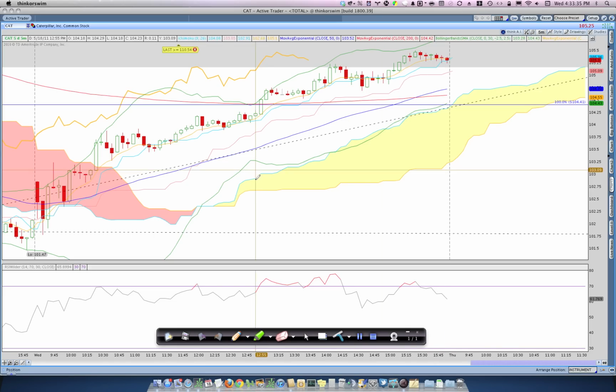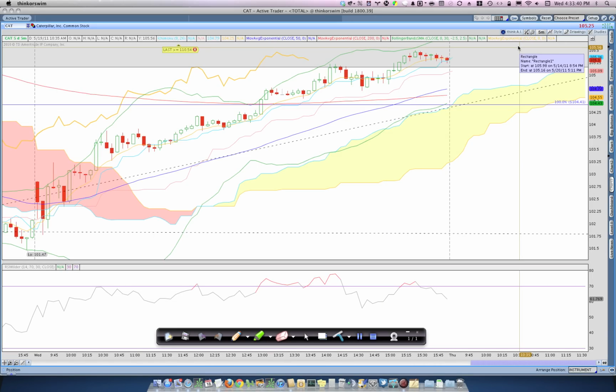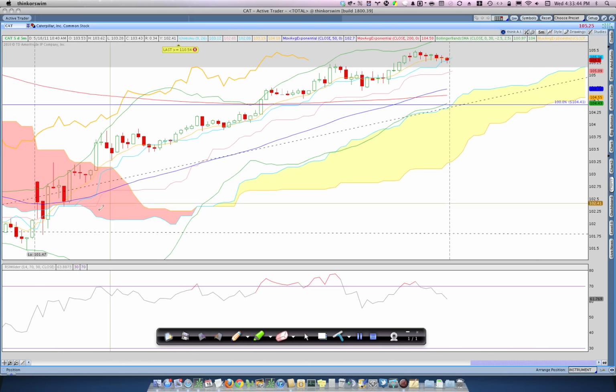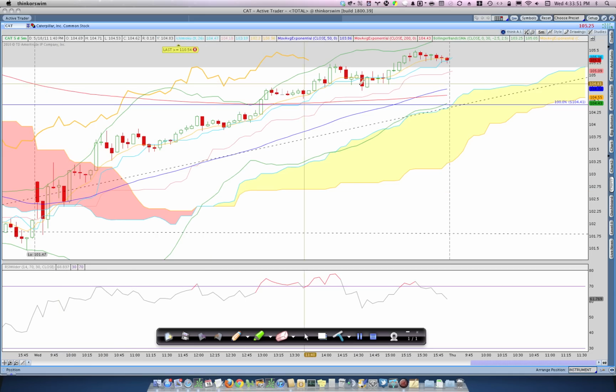And we see Caterpillar. Caterpillar had a great day today and was up, I think, almost $4 at one point, and finished up $3.17. Lovely day. When it started out of the gate, it broke right through the 5-minute cloud, and then it just kept moving up.